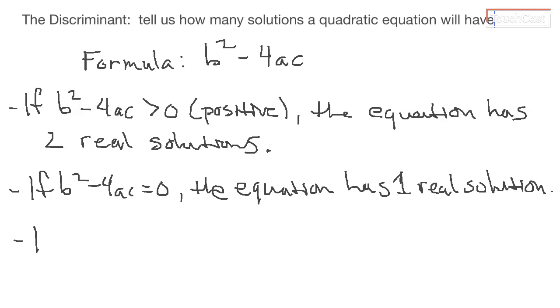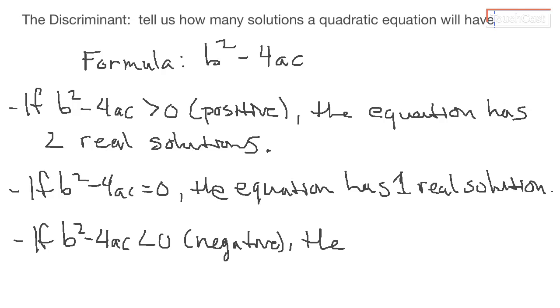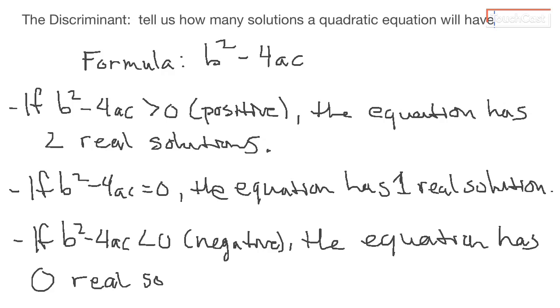And then the final case, if our discriminant, the b squared minus 4ac, is less than 0, meaning it is negative, then the equation has 0 real solutions. It doesn't mean there's no solution at all. It just means that the solutions this equation would have are not real solutions.